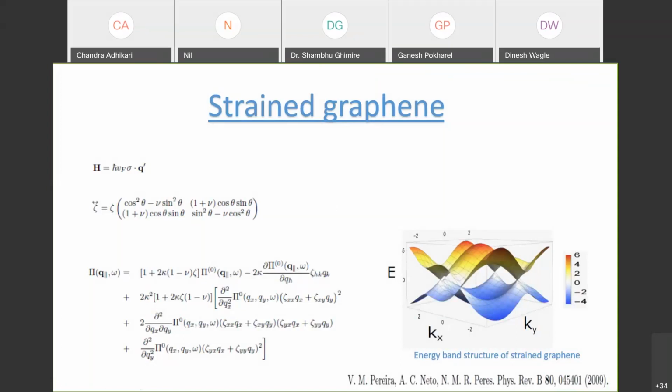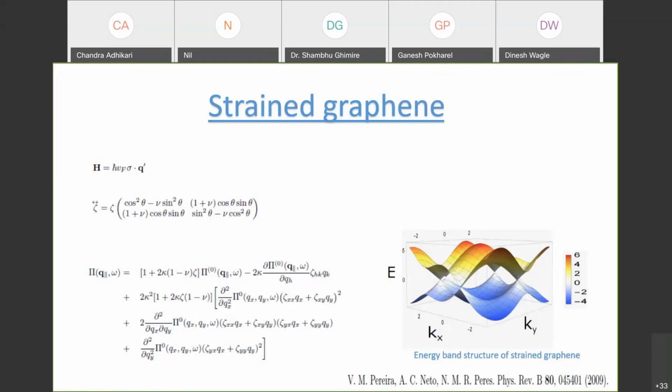The important effect is that the energy band structure gets changed. Because of that modification in the energy band structure, the polarization function of the strained graphene is a little changed. So we have up to the second order correction.